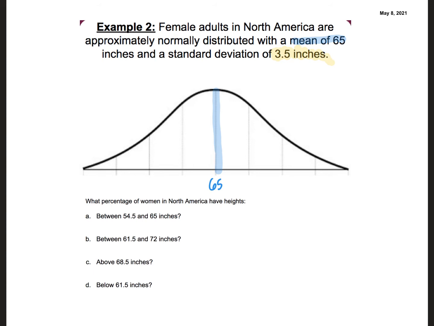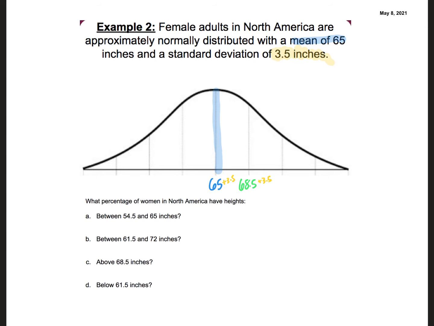So to get my heights, we're going to start adding that number. We are going to do 65 plus 3.5. That'll give me my next one, which will be 68.5. And then we're going to add 3.5 to that to get our next, 68.5 plus 3.5, I believe, is like 71.